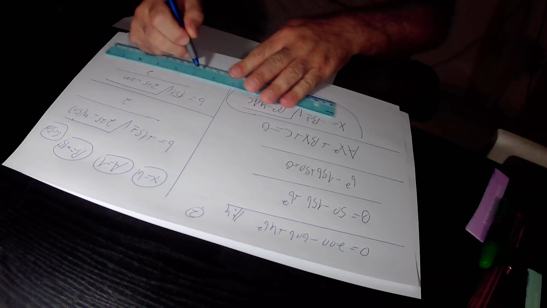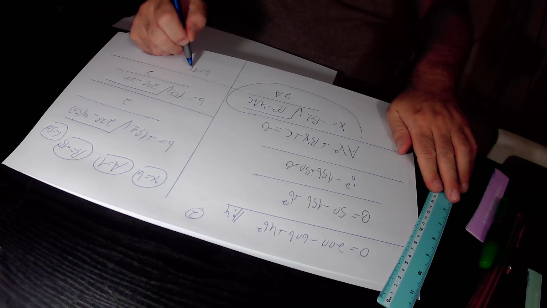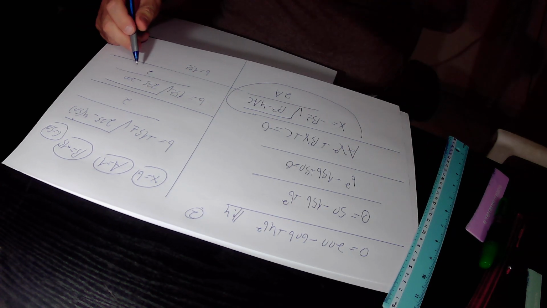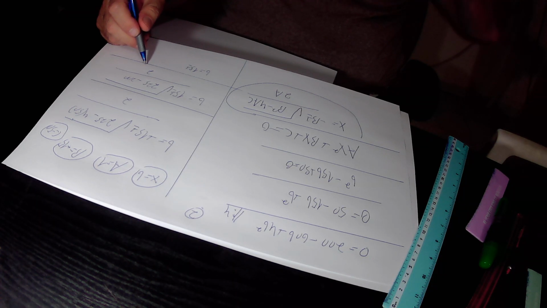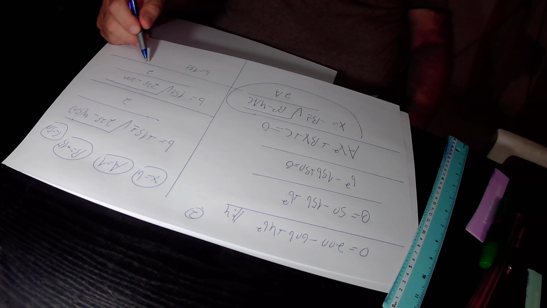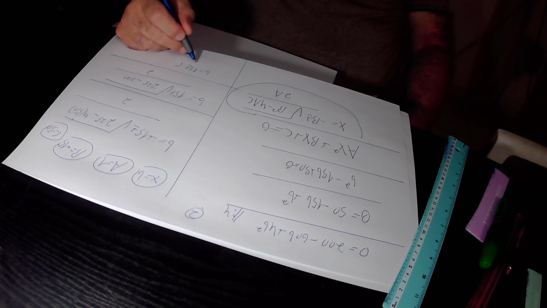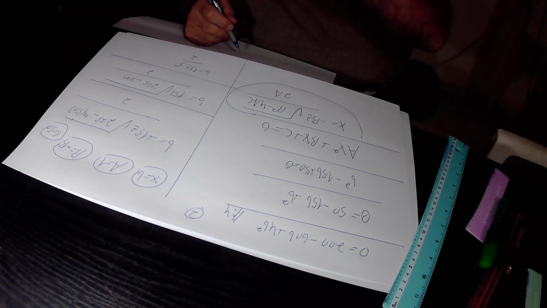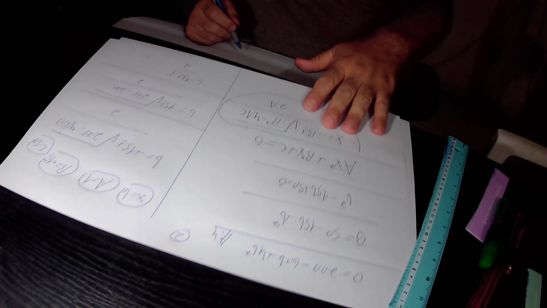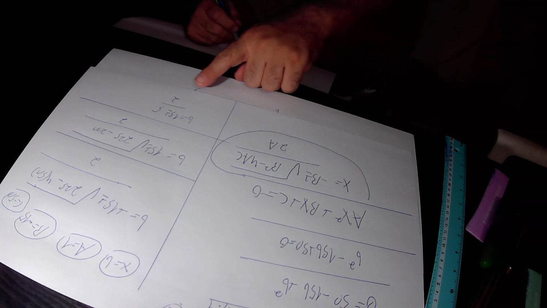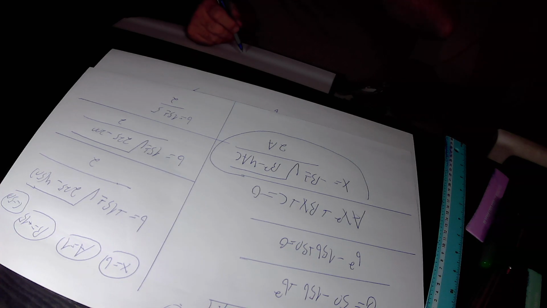So b equals 15 plus or minus the square root of 25, since 225 minus 200 is 25, and the square root of 25 is 5. So b equals 15 plus or minus 5 over 2. Here we have two possible solutions for b.